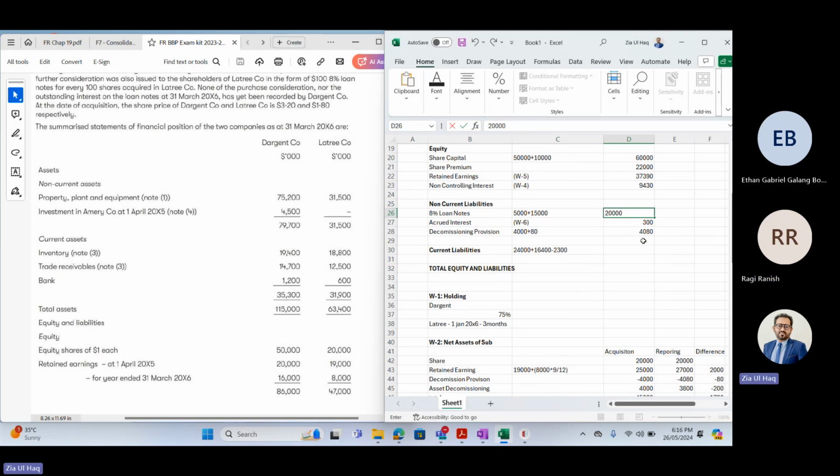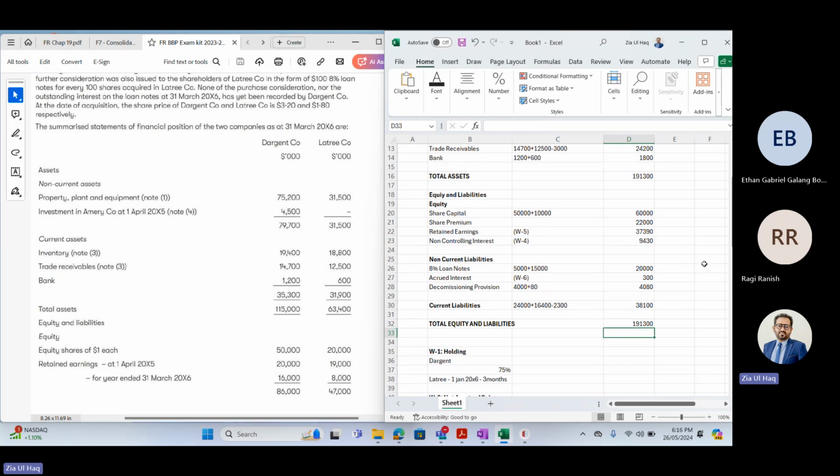What's the current liabilities total? 24 plus 16,400 minus 2,300, which is 38,100. And now we can find the total. 191,300. Yes, finally done.